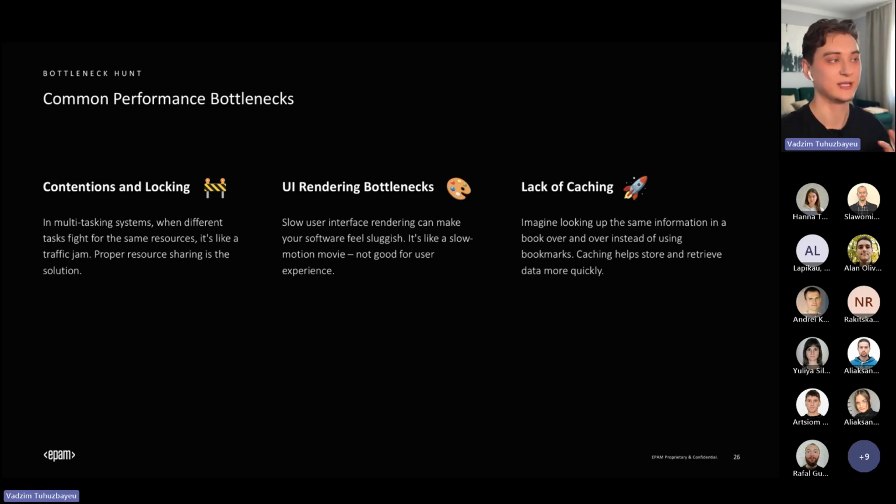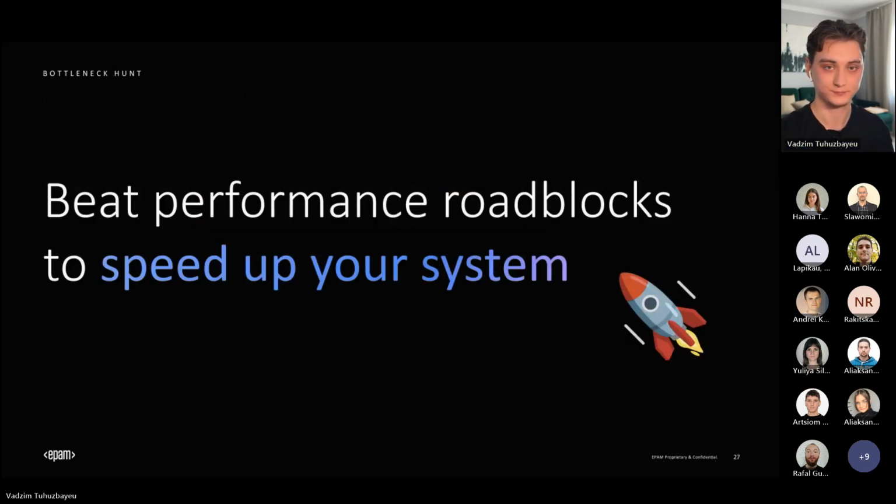So here is the second big idea. To find and fix these speed bumps that slow things down, you've got to get to know your system really well. This means checking it out, keeping an eye on it, and studying how it works.